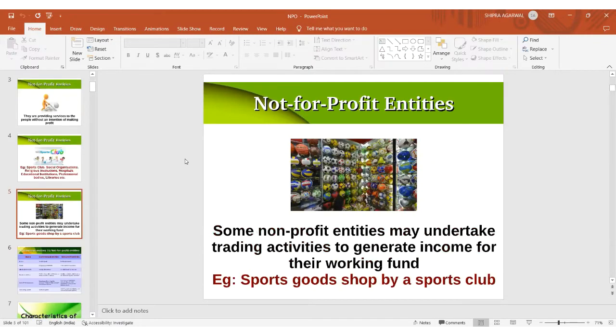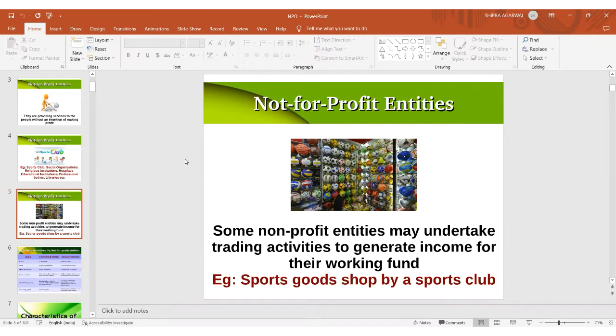Now, whenever we are talking about these non-profit entities, some of them undertake trading activities to generate income for their working fund. So their basic objective is to provide these services, but at the same time, they have their trading also, in whichever product they are dealing.